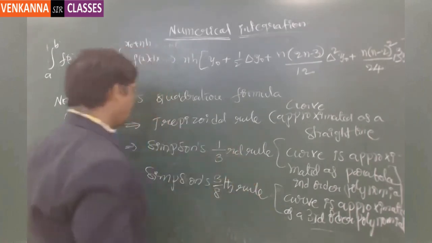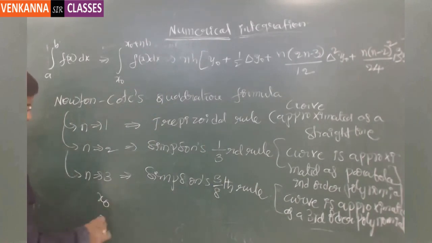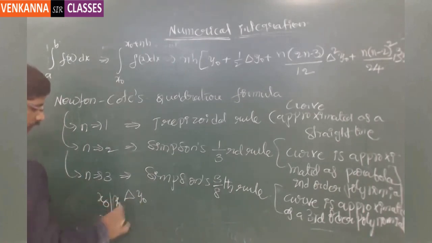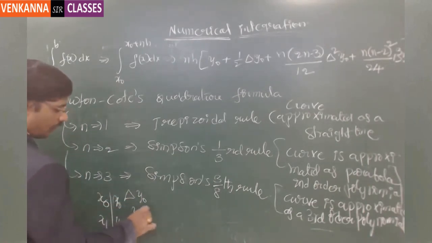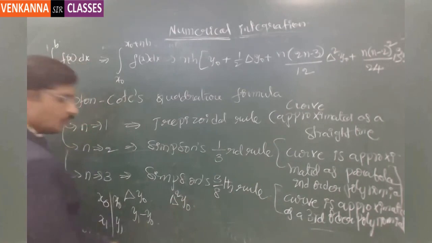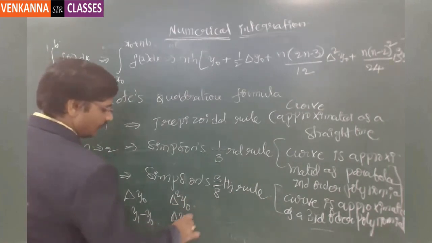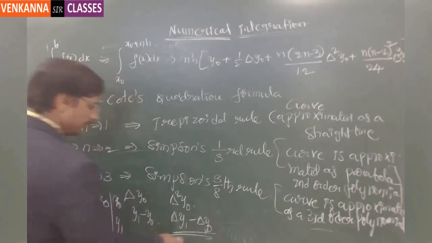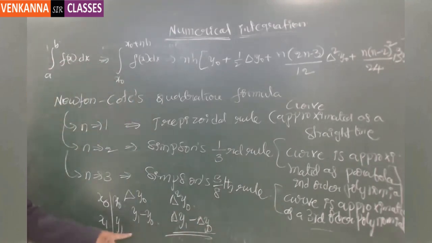So this is y0 and y1, and delta y0 is y1 minus y0. Now if you want to calculate delta square y0, we need to calculate delta y1 minus delta y0. But there is nothing like delta y1 here because there are no data points available. Hence there is no point in considering the higher order deltas, which is why when n is equal to 1 we stop here itself. Understood?